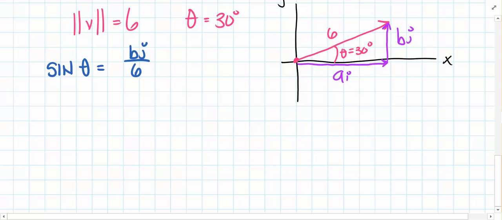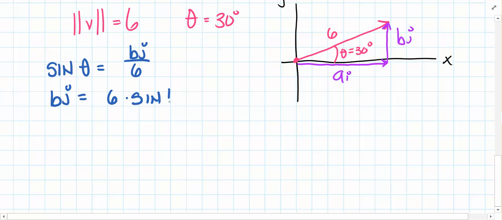Now remember, we represent vectors in terms of the bj part and the ai part, the component parts. So could you solve that little tiny equation over there for the bj part? What would it be? It would be 6 times the sine of theta.